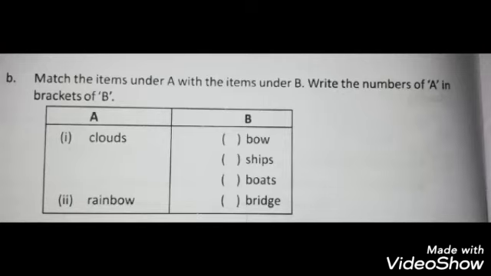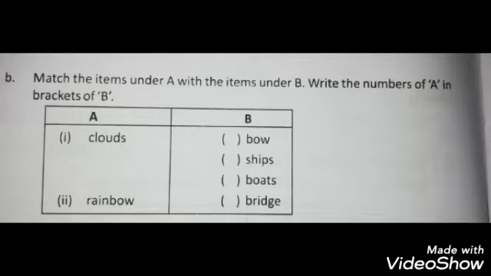So we match clouds with the suitable words of B and match rainbow with the suitable words from column B. Can you match this? Clouds are compared to ships and boats. So we will write number 1 against these two words.